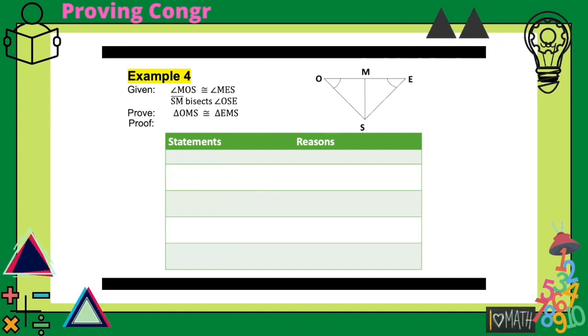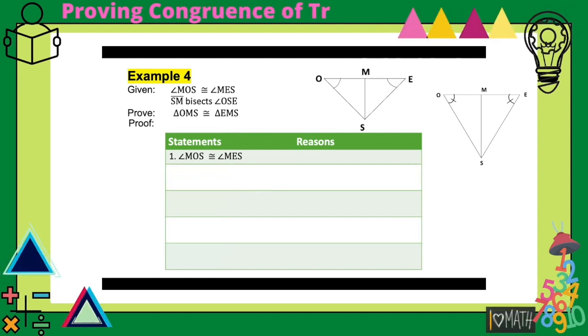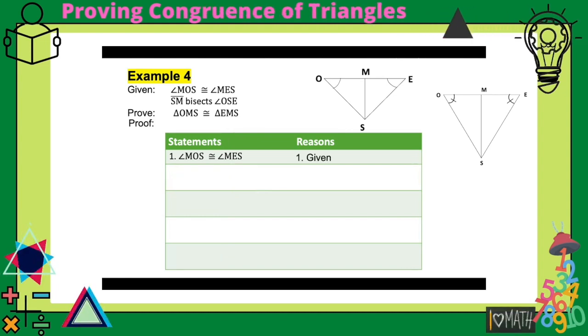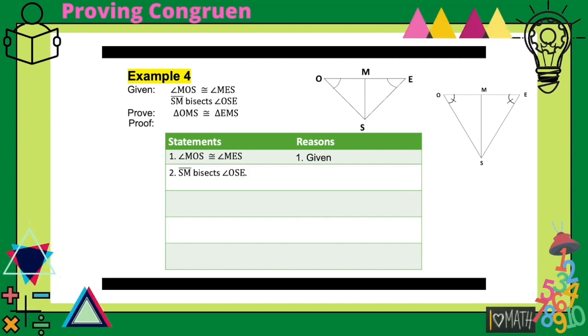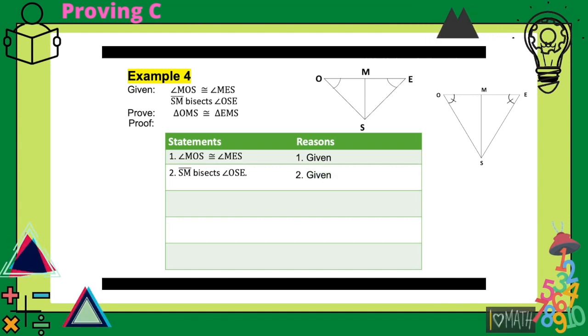We have angle MOS is congruent to angle MES. And the reason is given. Next, statement 2. We have segment SM bisects angle OSE. And the reason, it is also given.